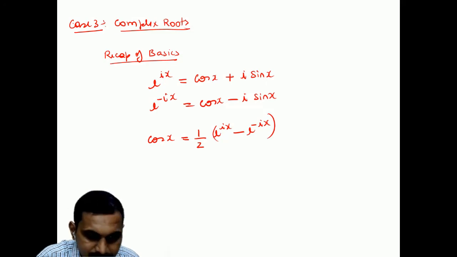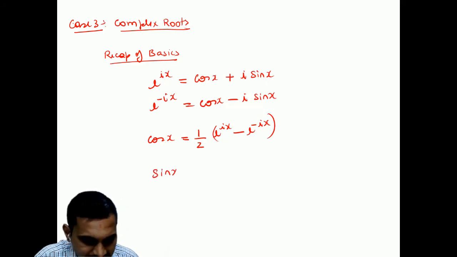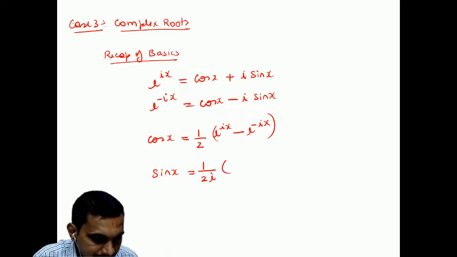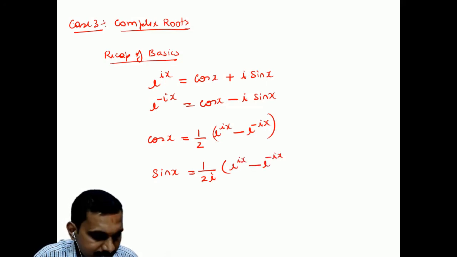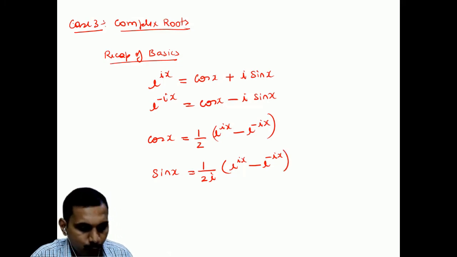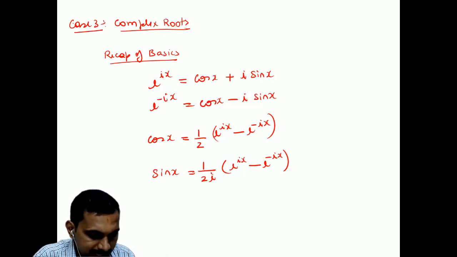I can also write sin x is equal to 1 by 2i times e power ix minus e power minus ix, correct? These are the 4 equations which we have to know. Done, students?